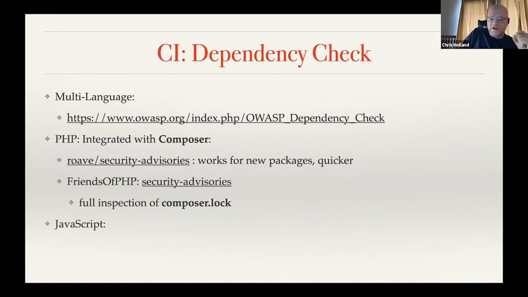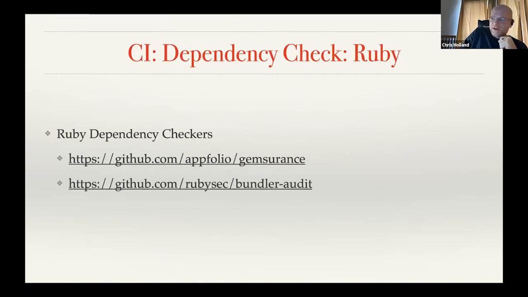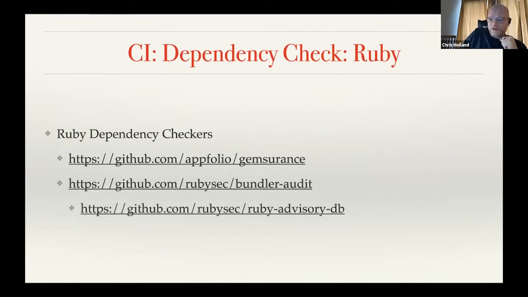And then in JavaScript, there's a tool called retire.js, kind of a play on require.js. What you require might need to get retired later, right? So retire.js. Okay. And then in Ruby, you have Gemsurance, you have Bundler Audit, and then you have Ruby Advisory DB.